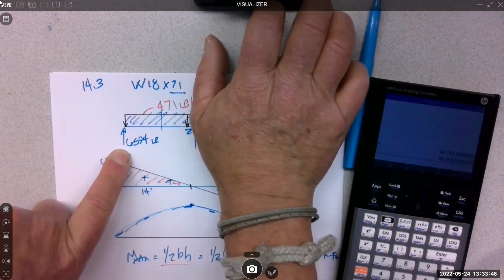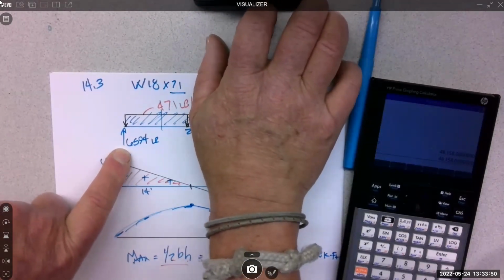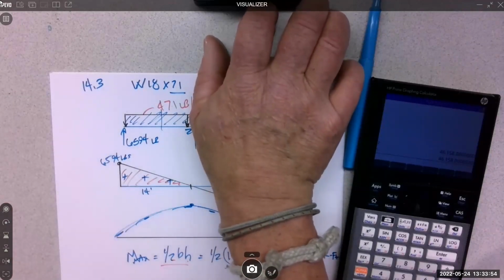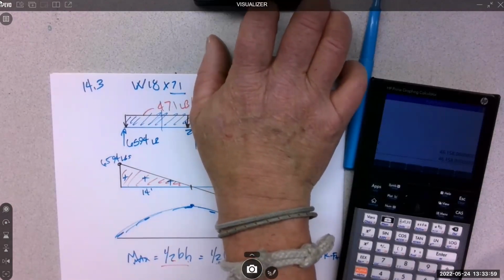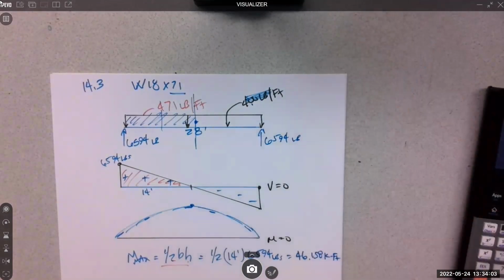You got to include the distribution. Yeah, you got to include everything if you section. You get a negative, but that's because it's the beam, and then the internal would flip. Yep. 46.54. Yep. Boom.